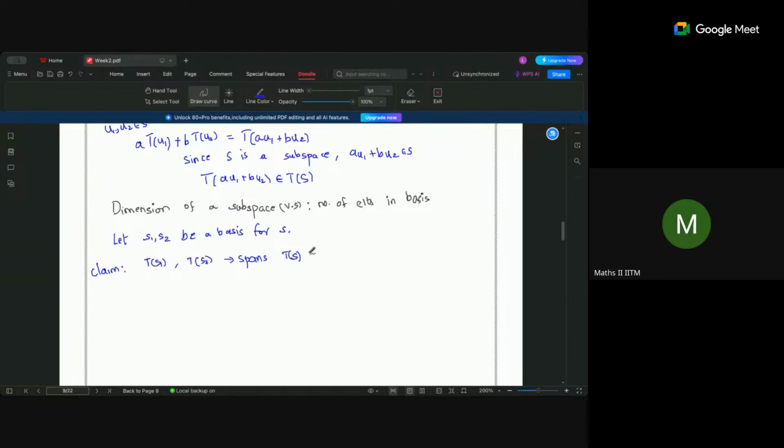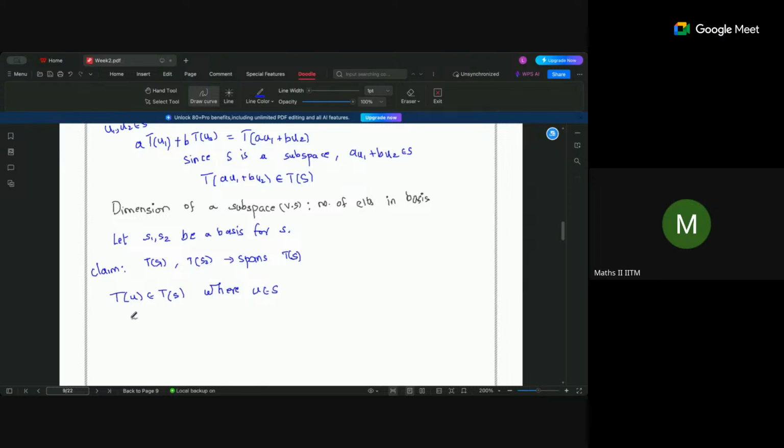So spans T of S means you take any vector from T of S and it can be expressed as a linear combination of T of S1 and T of S2. So how is that possible? Let us take any element from T of S. Any element from T of S is of this form, T of U, where U is in S.